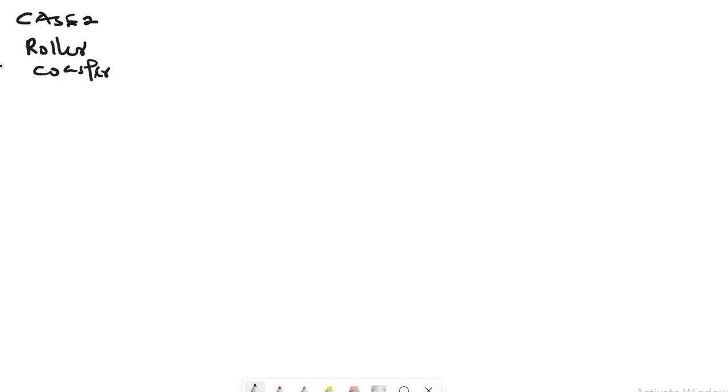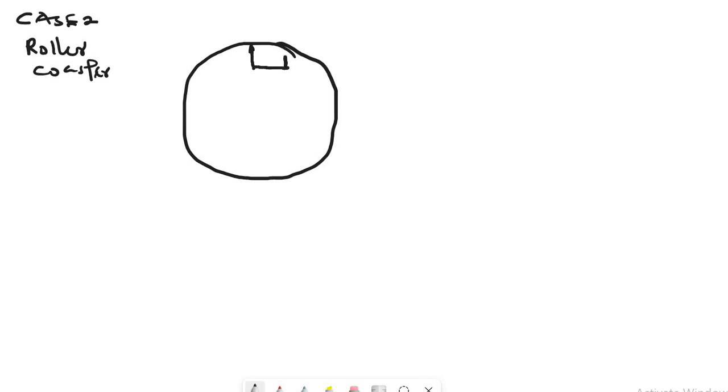In case 2, consider the object moving inside the circle, the way a roller coaster does, going like this. The object is moving inside the circle.